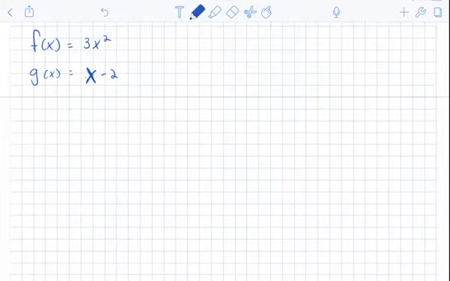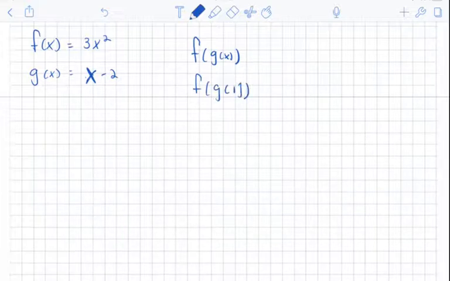Essentially those table calculations that we were doing in the last one, where I say, okay, I have a function, f of g of x. I want you to evaluate g at x equals 1. How do you do that? First you evaluate g at 1, so that's 1 minus 2, so that's minus 1. And then I plug that into f.